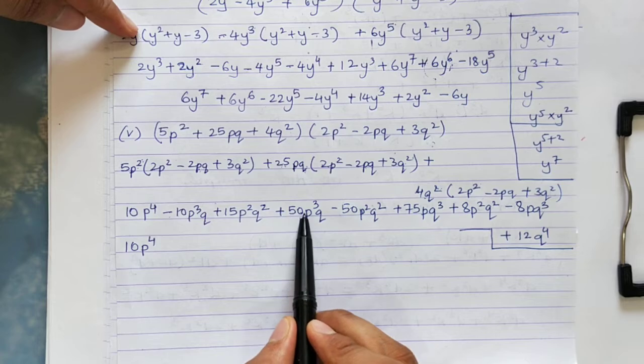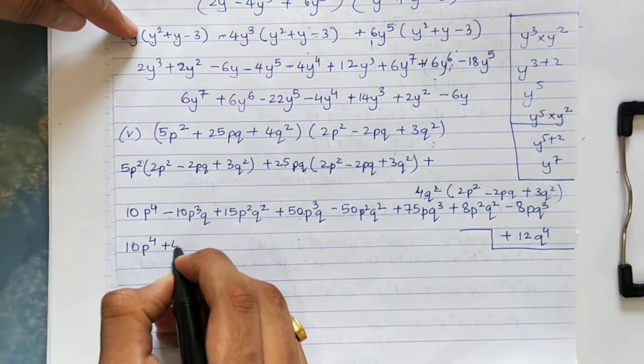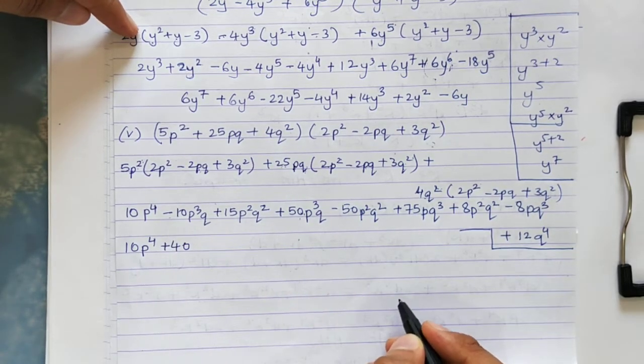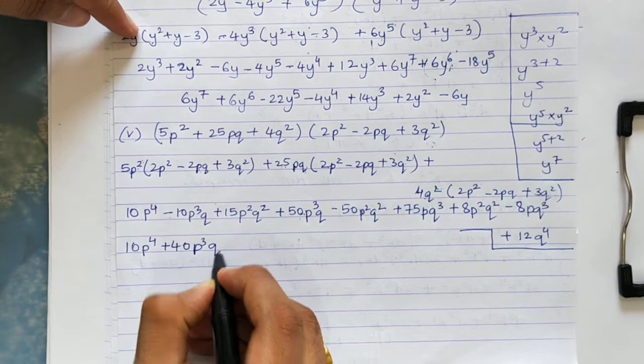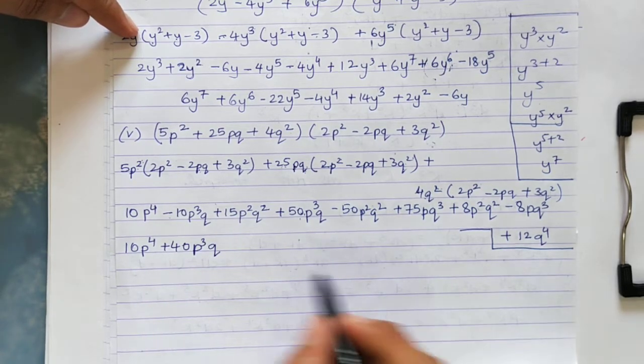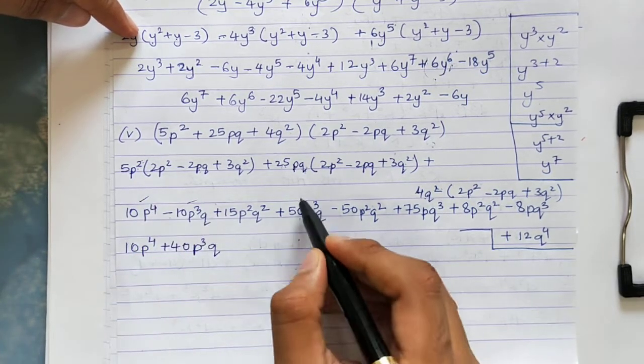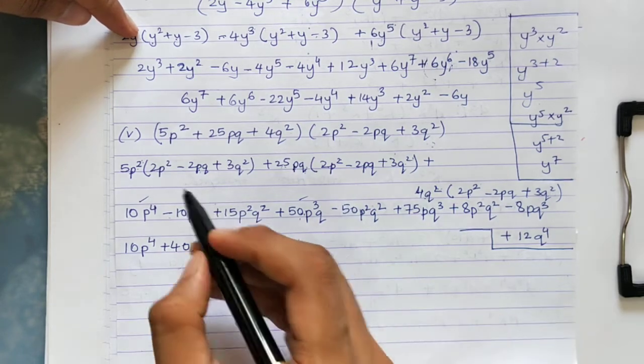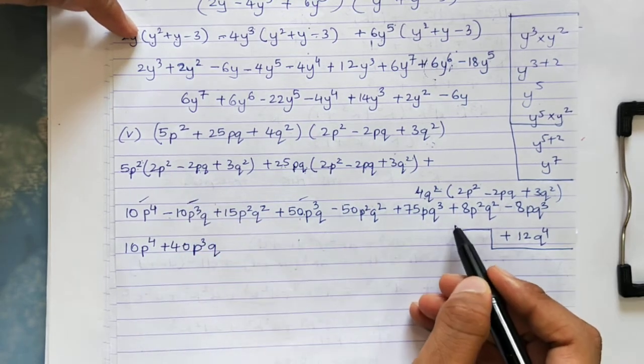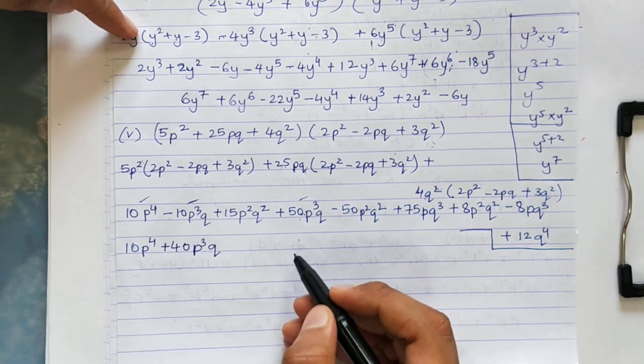What is minus 10 plus 50? It is plus 40 p cube q. That means these terms are done. You can also put tick marks here to understand which term is solved.